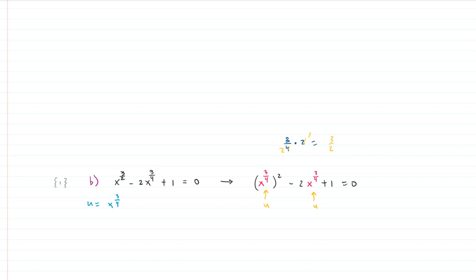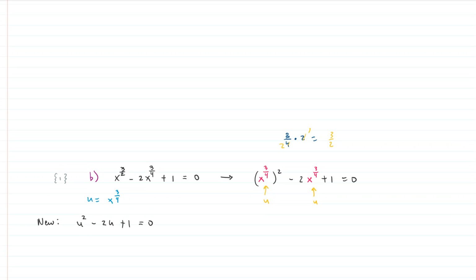So our new equation is u squared minus 2 times u plus 1 equals 0. We can factor, and we get u minus 1 times u minus 1.